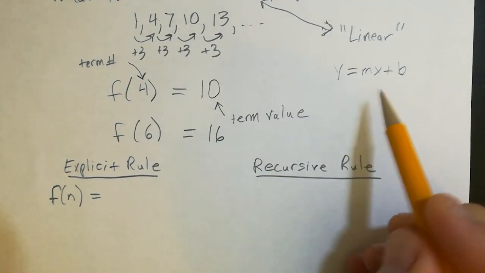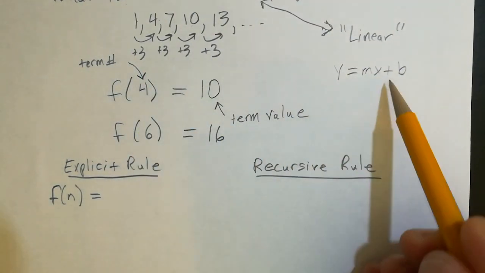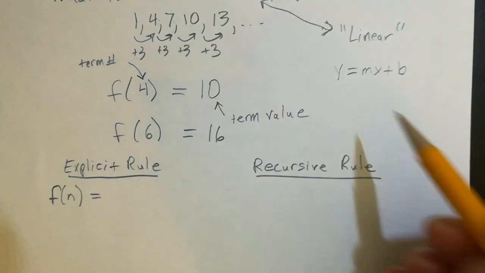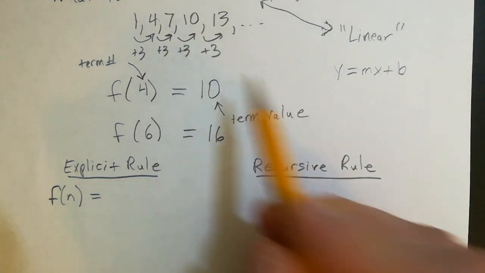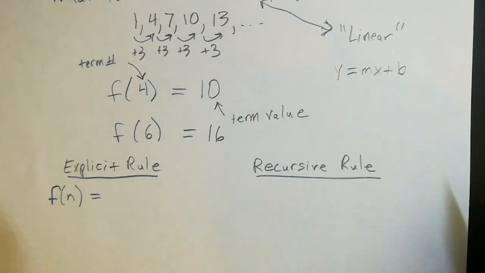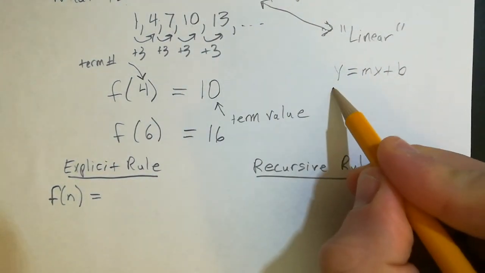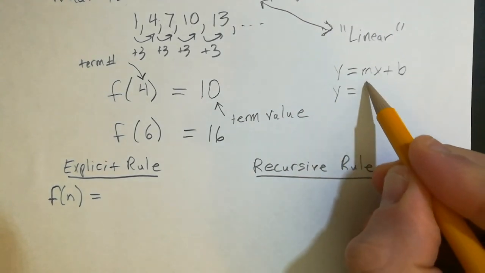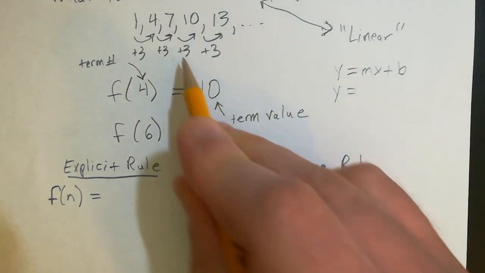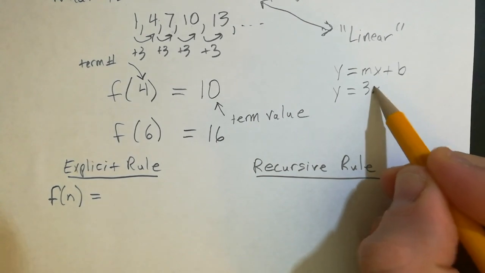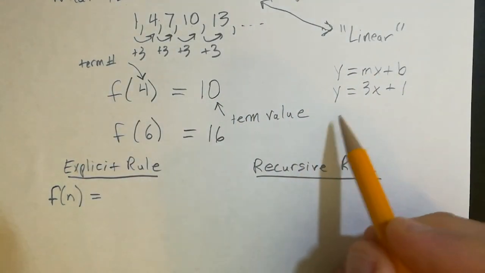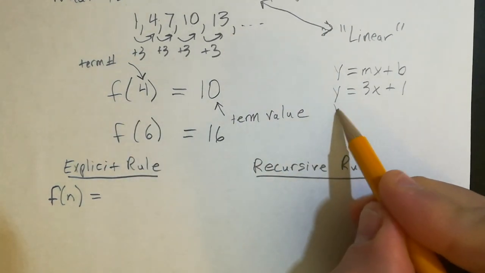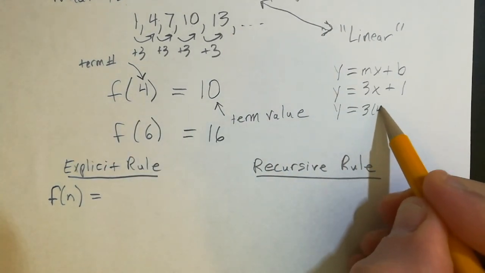And thinking about our input variable x is the term number, and the output would be y here. So let's just see if this works. If I make a linear equation for this, so my rate of change here would be 3, or my slope, and my starting value would be 1. So let's see if this works. If I put in 4 here, does this work?